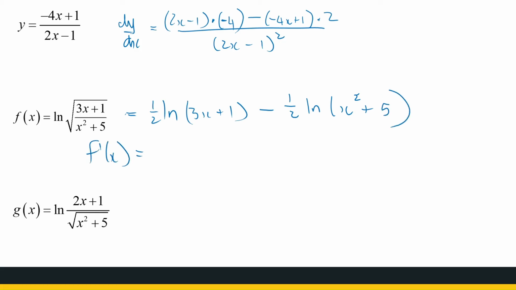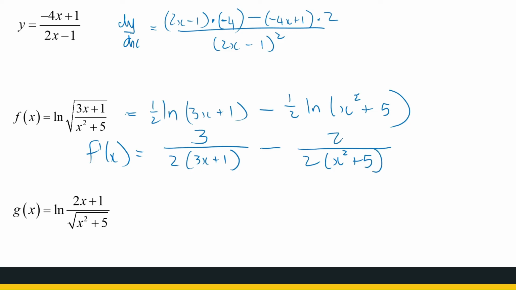So the derivative is 1 over 2 times 3x + 1. So it's 1 over 3x + 1 times the derivative of 3x + 1, which is 3, minus the half just tags along. The derivative of ln of a function is 1 over that function, x^2 + 5, times the derivative of the function, which is 2x.